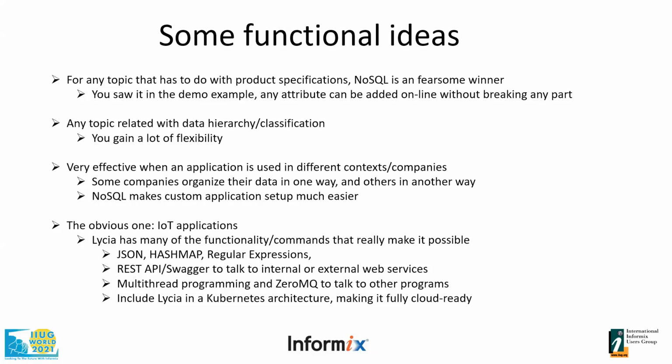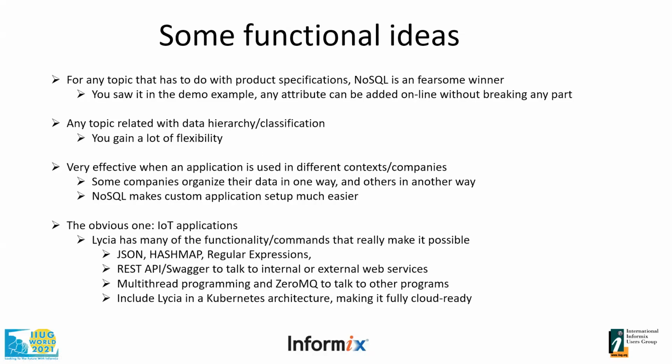Also, Lycia has multi-threading features. You can take some number of sessions together, just like IDS does. Also, ZeroMQ, which is something that looks like MQTT or Mosquitto, which is one program talking to another program.